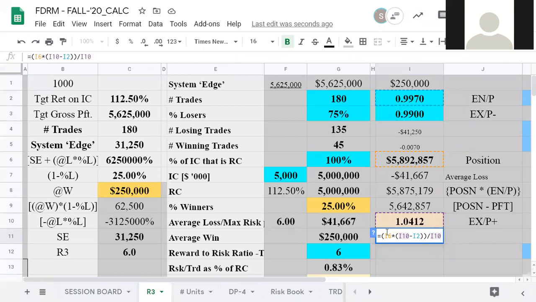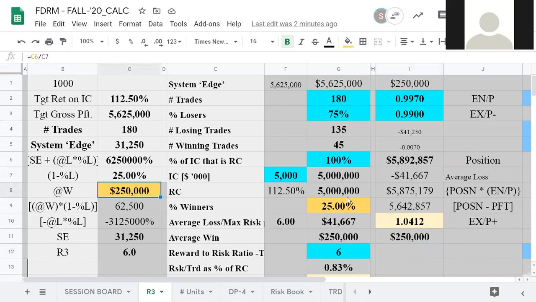Position times this exit price. The answer that I just now got, I'm going to cross check that answer, use this exit price, this minus entry price I2 divided by same exit price. What is the answer? 250,000. It tallies with my average win requirement here.